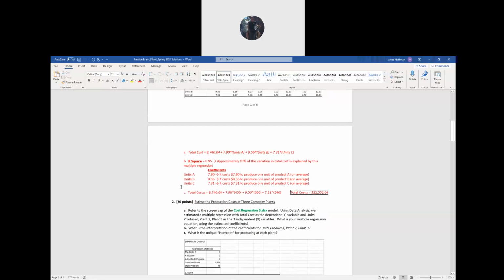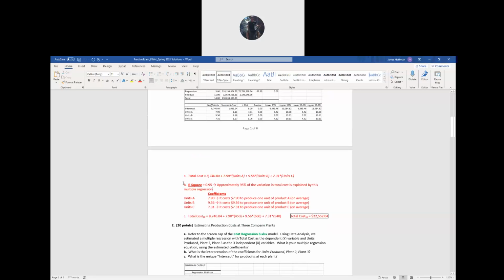All right, then just individually interpret the coefficient for units A, units B, and unit C, and those are given there, 7.90, 9.56, and 7.31, respectively for A, B, and C. So the coefficient for units A is 7.90, and interpret that in dollars that represent total cost.